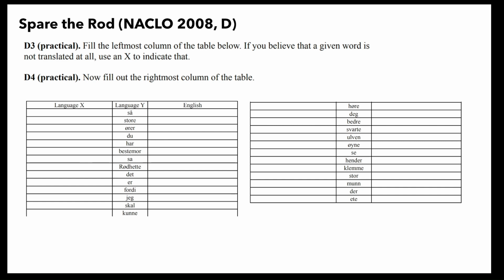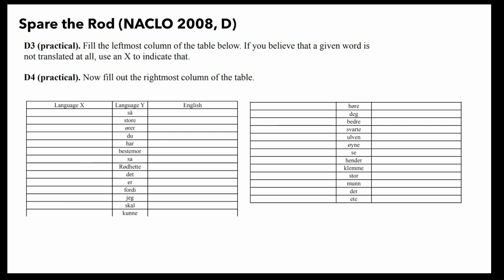So I'd recommend having the text open either on a computer or on paper, or if you have notes, please refer to those, because there's not enough space on this slide to have the table and the text.